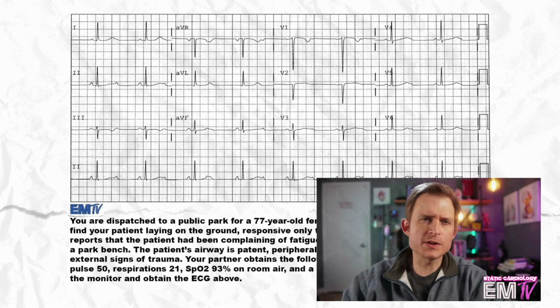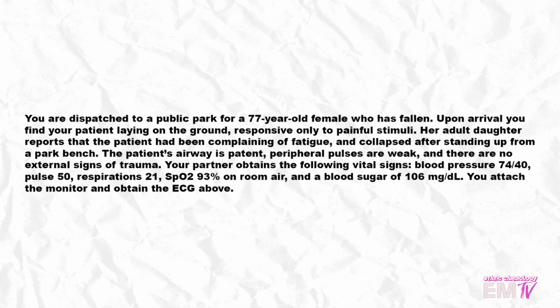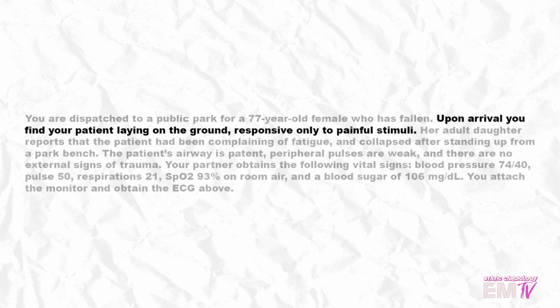Now that we've identified the rhythm, let's go ahead and take a look at the scenario to determine whether or not this patient is stable or unstable. You were dispatched to a public park for a 77-year-old female who has fallen. Upon arrival, you find your patient laying on the ground, responsive only to painful stimuli.